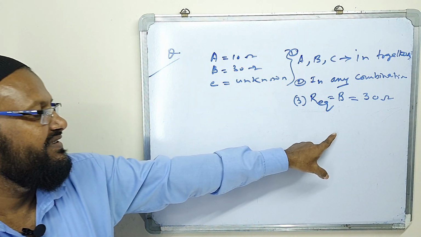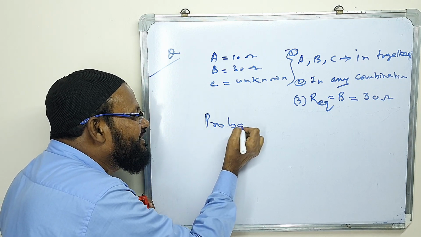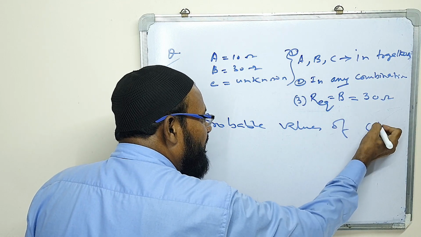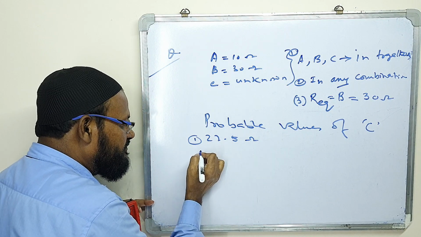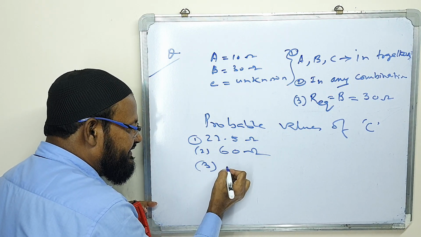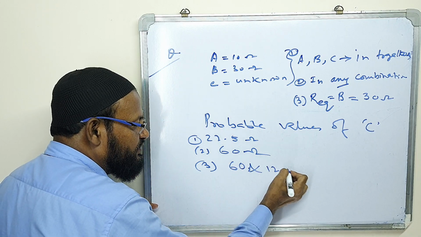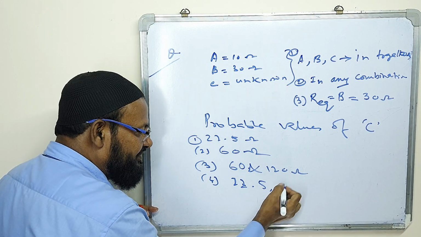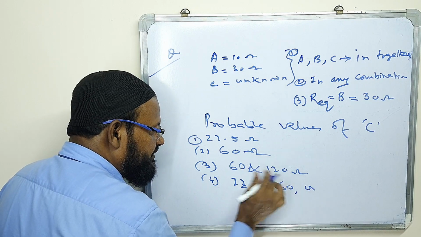These are the 3 conditions. The question is the probable values of C. I am giving the options: 22.5 ohm, 60 ohm, 120 ohm, and fourth, 22.5 or 60.